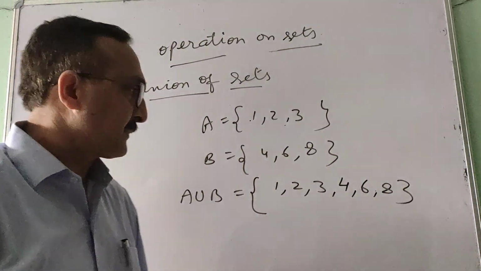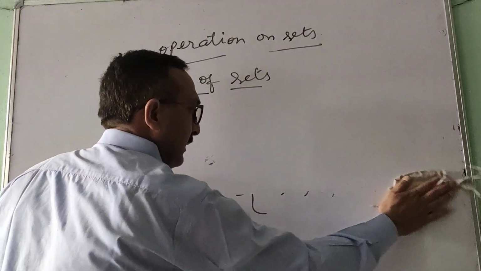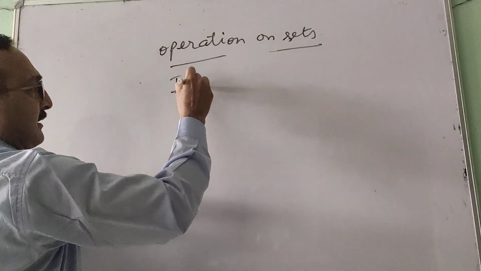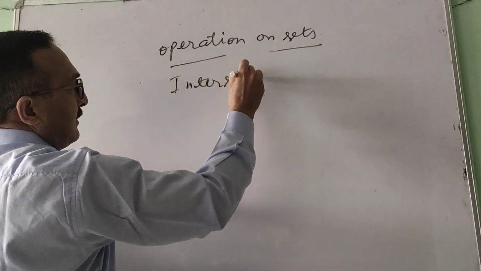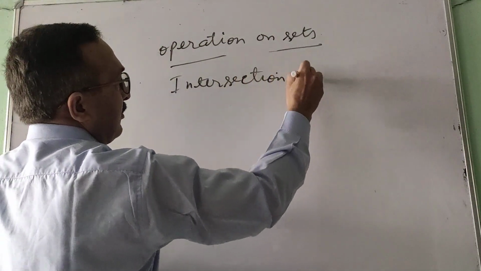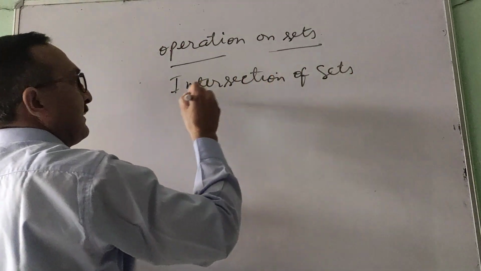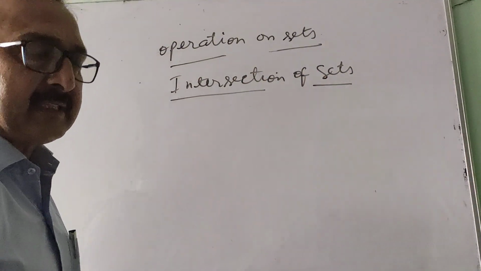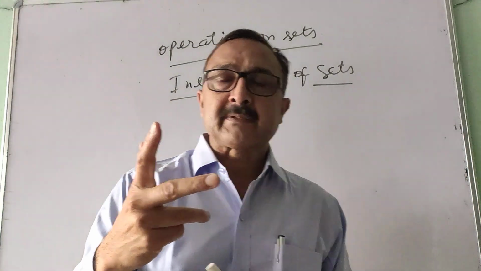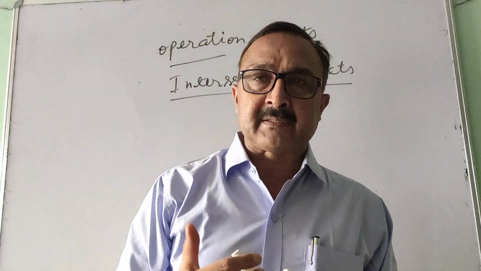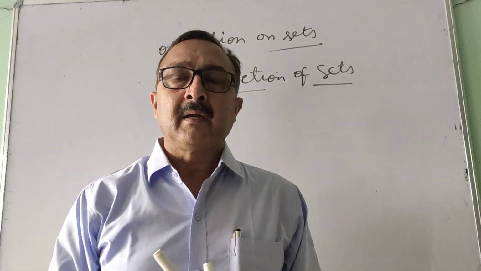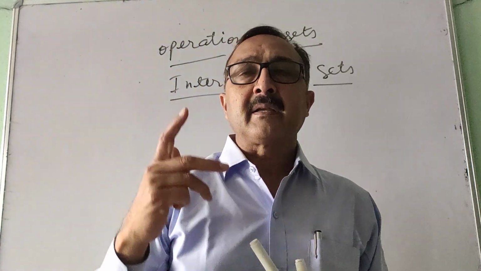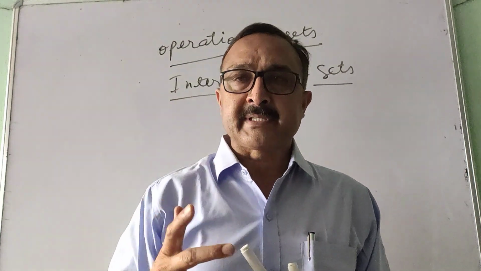Alright, understand? Another problem: intersection of sets. So what is the intersection of sets? In 2 sets we find the common elements, the elements that both sets contain. That is the intersection of 2 sets.